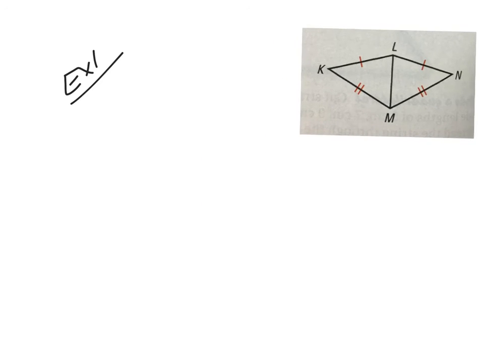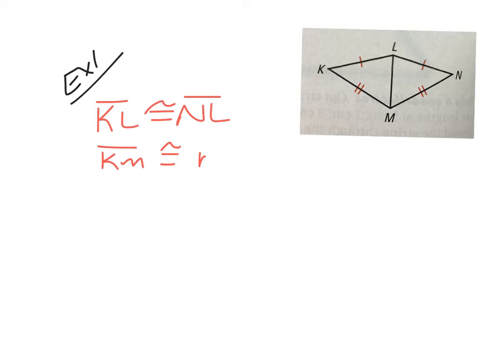All right, so we have this little figure with two triangles, and they tell us, looking at those two triangles, what do we already know? We know that side KL is congruent to NL, right here, see the one red mark? And then we also know that KM is congruent to NM, because of those two lines.